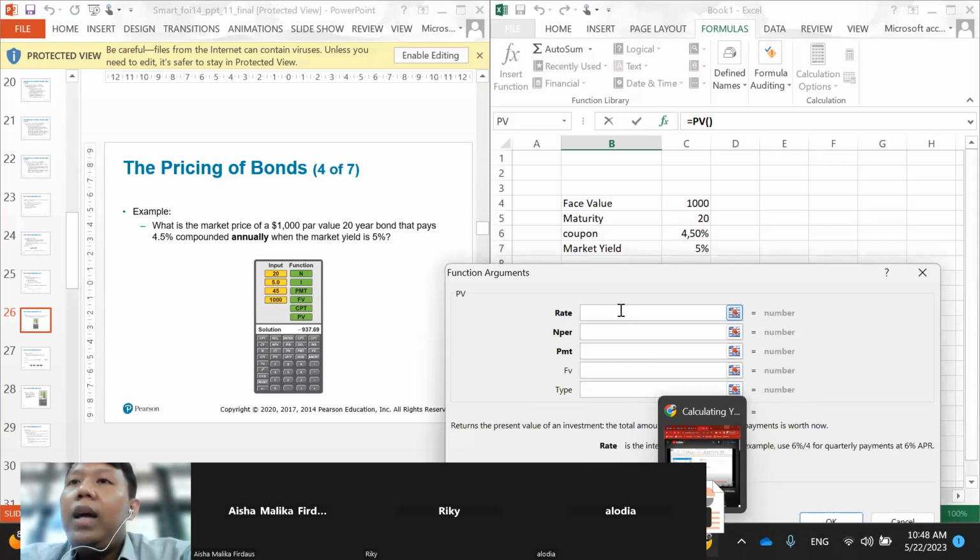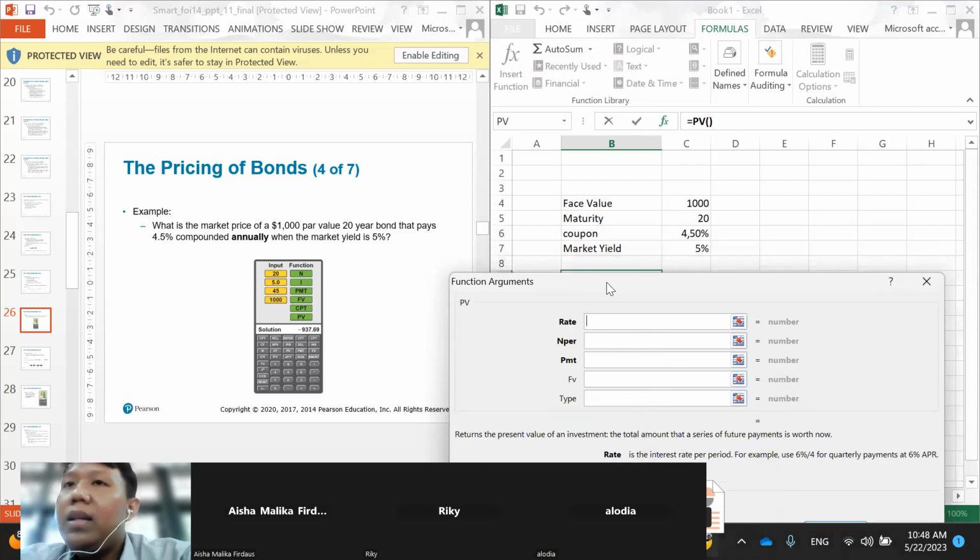First, the rate. The rate here is the market interest rate, which is the yield, so we will put 5% here. The number of payment periods is the maturity, so we will choose 20 years.